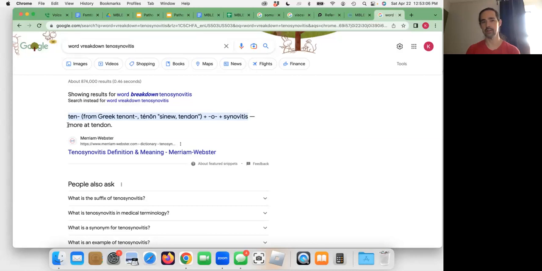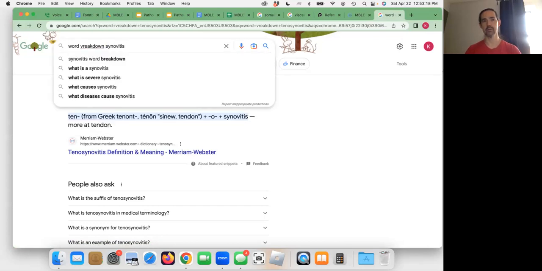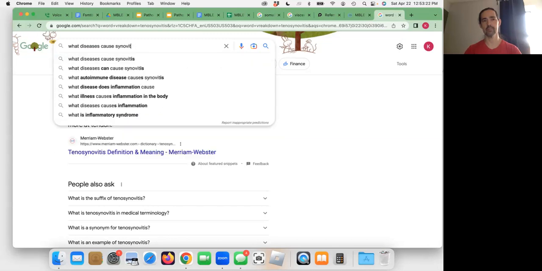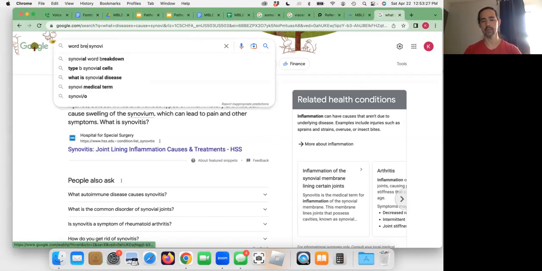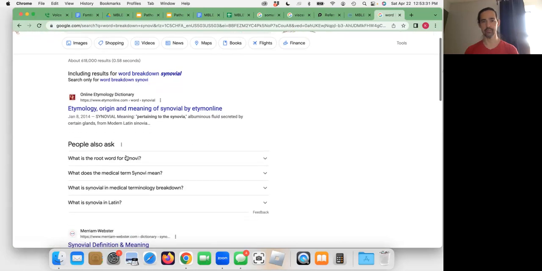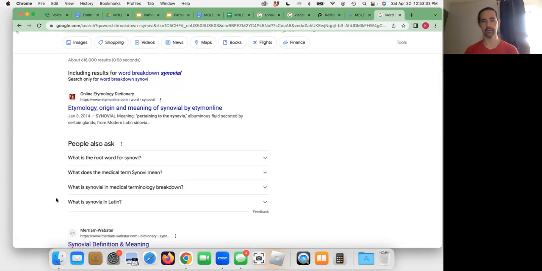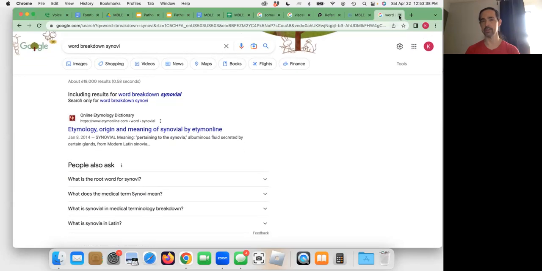Synovitis. Synovial, pertaining to the synovial fluid. That doesn't help you very much because we didn't go over those structures.